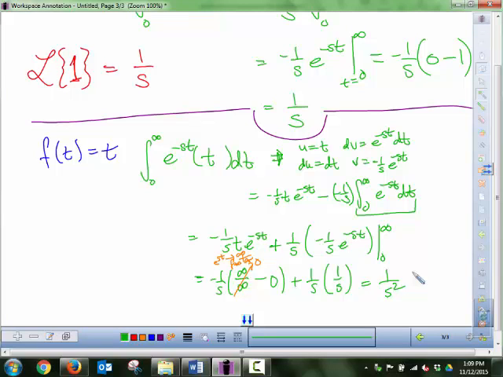Does that look good? That looks good. So your Laplace transform of t, if you're t in the t world, then you're going to become 1 over s squared in the s world, provided that we did this integral correctly.